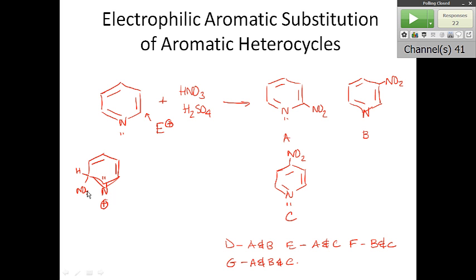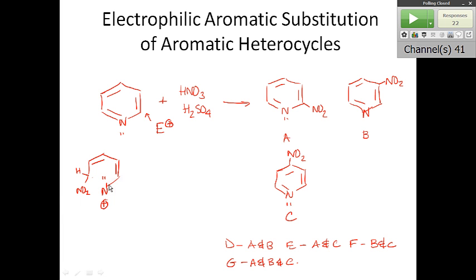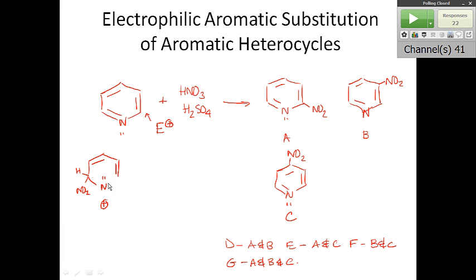I mean, how many resonance structures can I draw off of that? If I add the NO2 group here and put the plus charge on the nitrogen, how many more resonance structures can I draw off of that? 2.